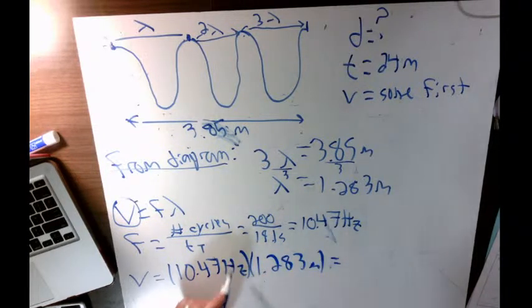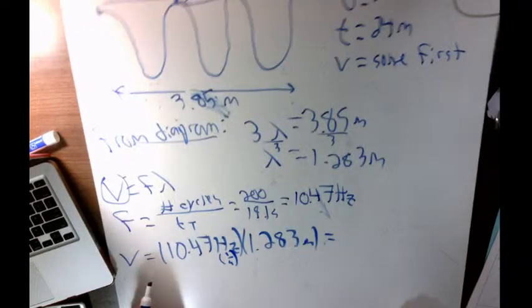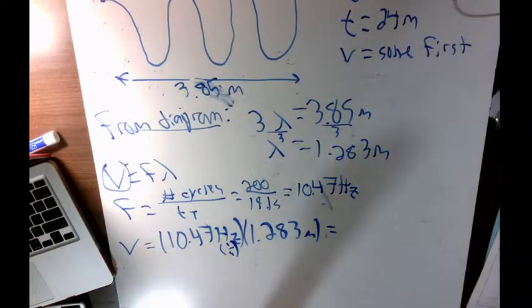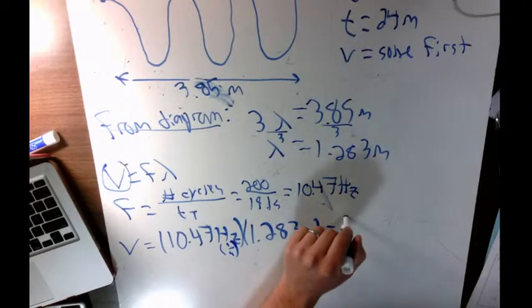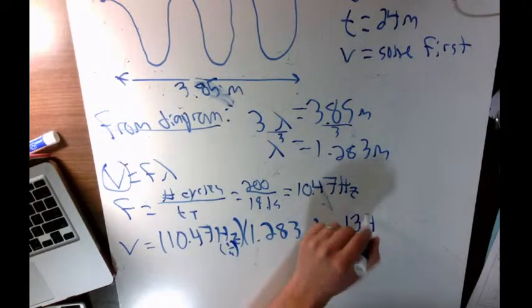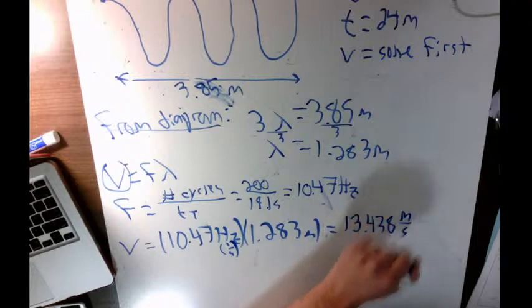Since hertz is 1 over seconds, we're multiplying 1 over seconds by meters. We're getting a speed, right? We're getting our answer in meters per second, which in this case is 13.438 meters per second.